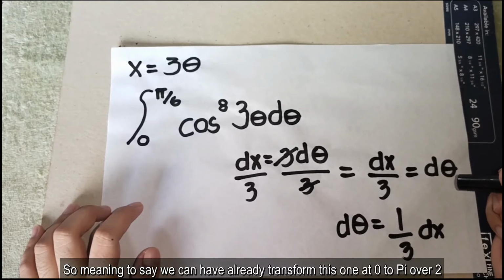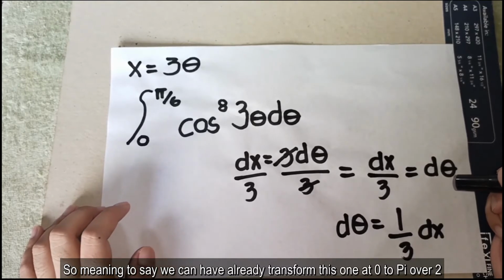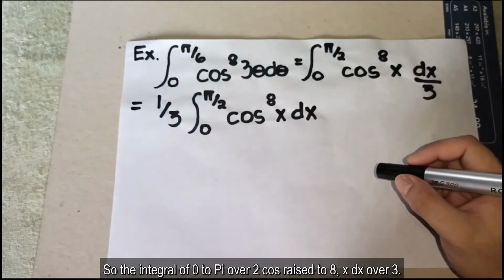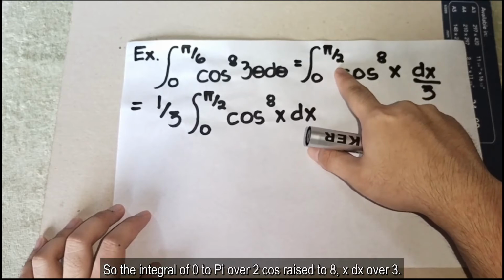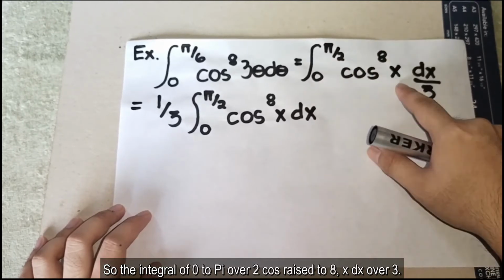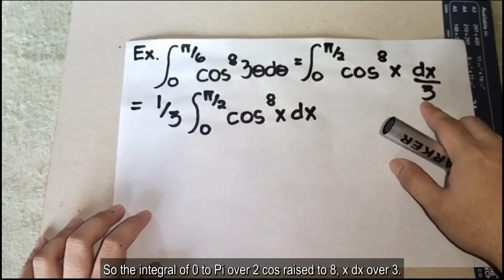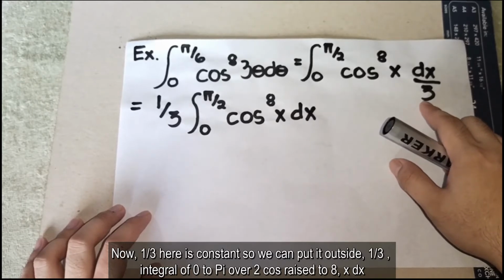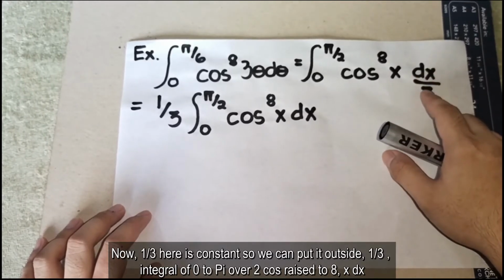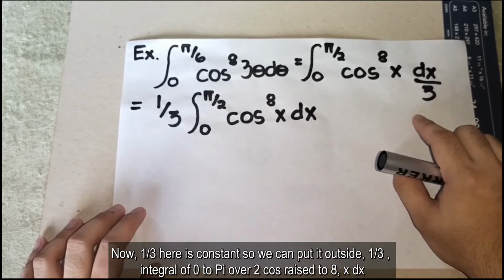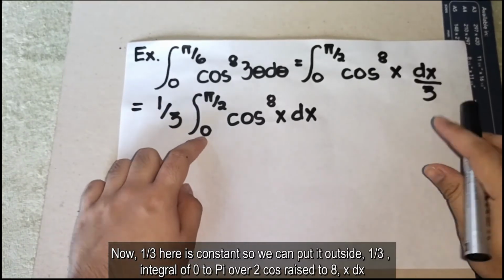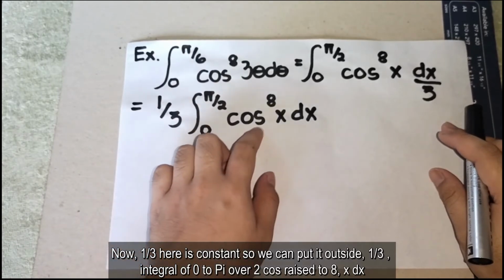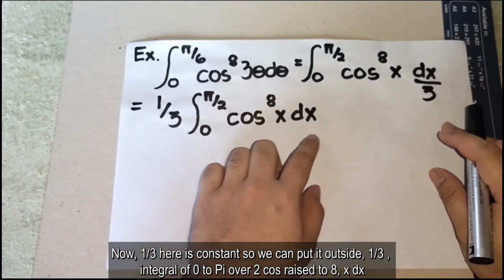So, we can already transform this one: the integral of 0 to pi over 2 of cos raised to 8 x dx over 3. Now, 1/3 here is a constant, so we can put it outside: 1/3 integral of 0 to pi over 2 of cos raised to 8 x dx.